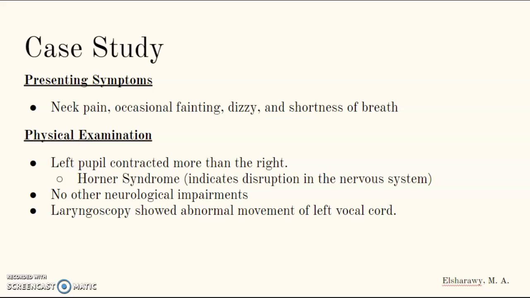This is called Horner syndrome, which is an indication of a disruption in the nervous system. She didn't have any other neurological impairments, and they did a scope that showed abnormal movement of the left vocal cord, which we'll find out later was because of the carotid body tumor pushing on that.